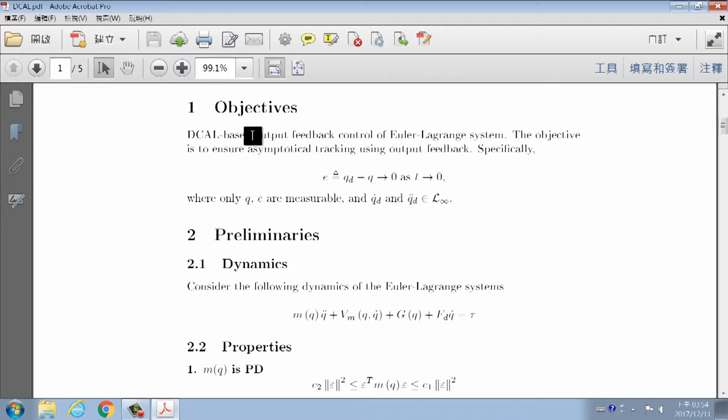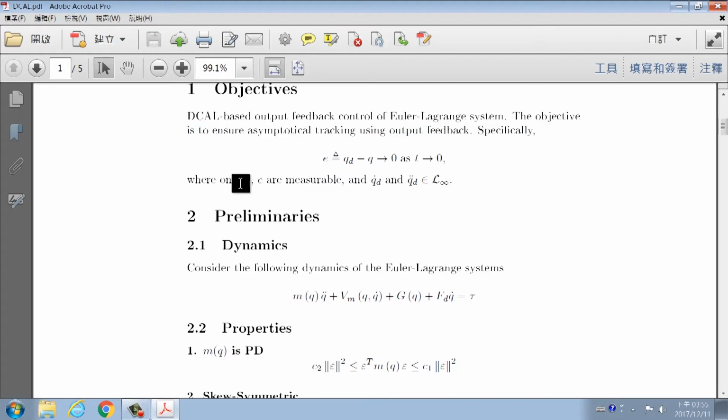It's an output feedback. It's not state feedback. Here we call it output feedback. We only use sensor information, the measurement information, for feedback. We don't use the full state. Here only q and e are measurable, the angle and the error are measurable.